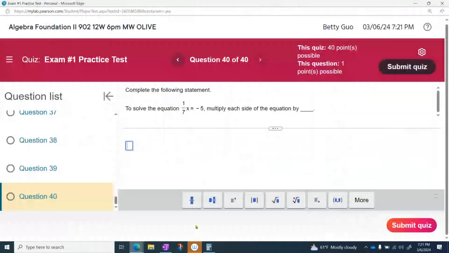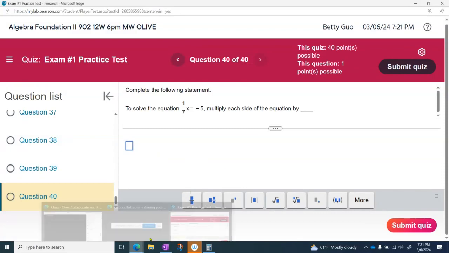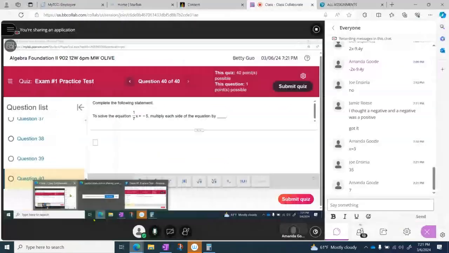Actually, 35 works, but if you enter 35, the Pearson system will see that as a wrong answer. Technically, can you solve the equation by multiplying each side by 35? Yes, but the system will mark that as wrong because the expected answer is 7. They expect you to enter 7.